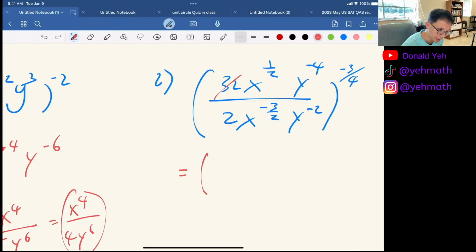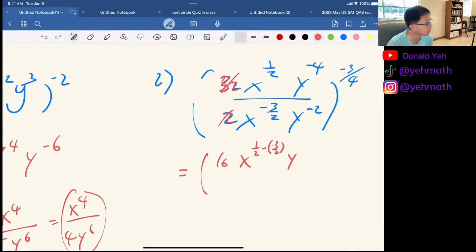Okay, 32. So what do I do next for this particular one? You divide 32 by 2. Okay, so that's gonna be 16. And what happened with the x? Okay, so what will it be? Perfect. How about y, Mariana? Y to the negative 4 minus negative 2, which is negative 2. Good.